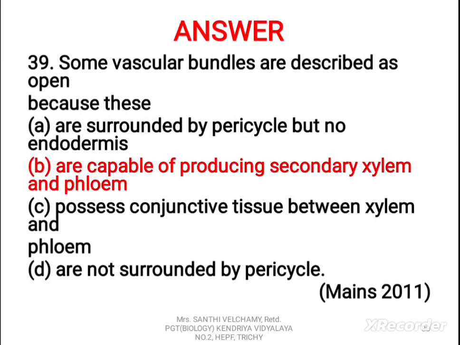The correct answer is B. In dicot stem, cambium is present between xylem and phloem, and such vascular bundles are called open. The cambium constitutes meristematic cells which produce xylem and phloem. So next question.